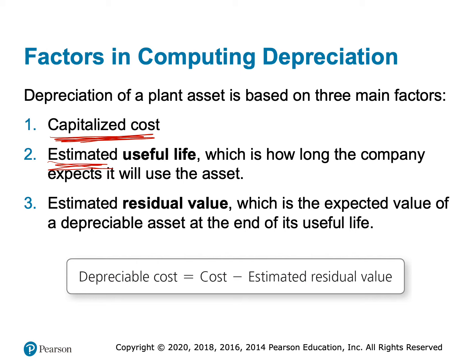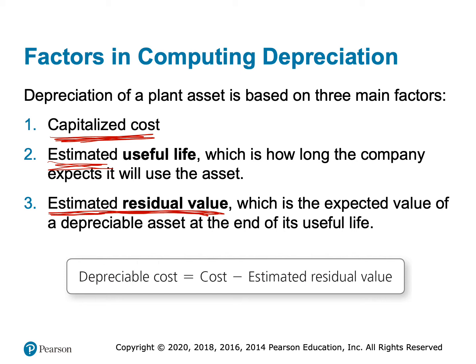The last thing we need to know is what's called the estimated residual value. Okay, now again, this is an estimate. This is how much we expect to get for the asset at the end of the useful life. So when we're talking about that truck, this is how much we expect to be able to sell the truck for in 5 years. Obviously, this is an estimate. We don't know exactly how much we're going to sell it for in 5 years. We don't even know that we're going to use it for exactly 5 years. It's just an estimate.